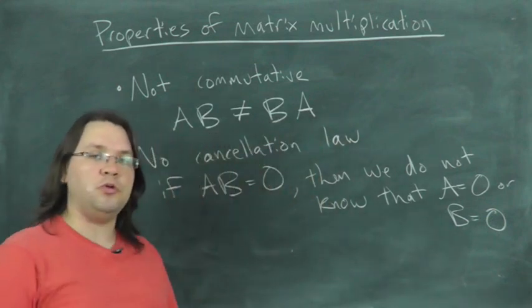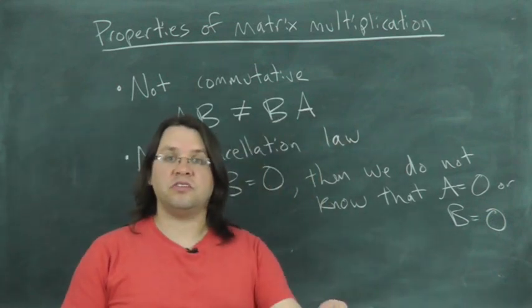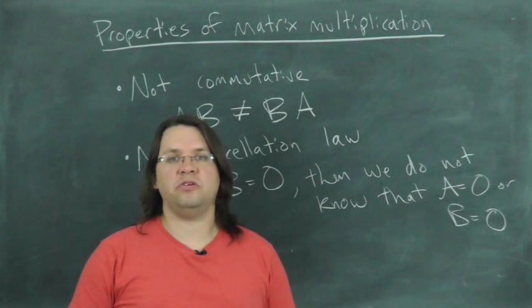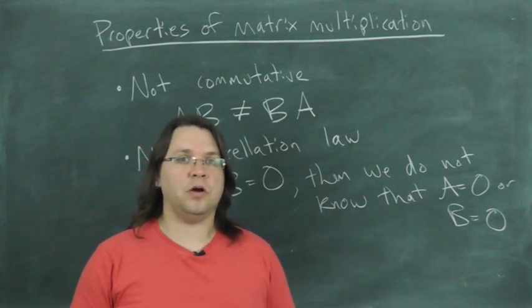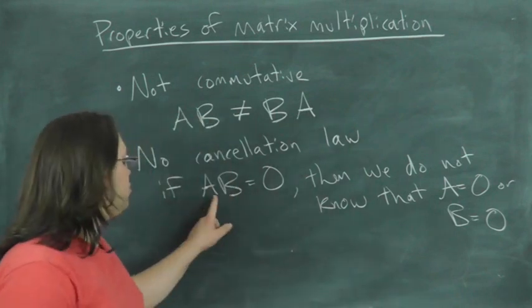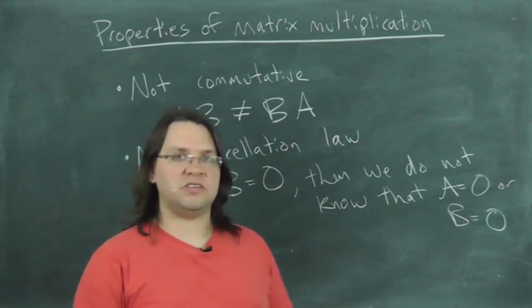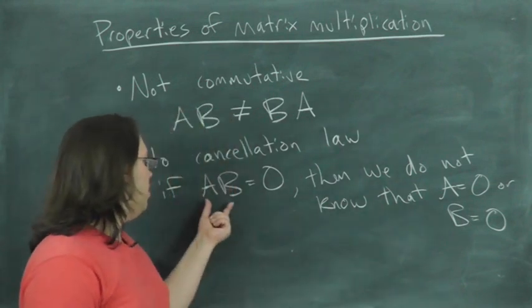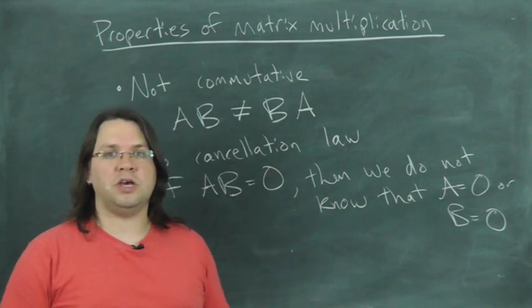If you multiply two numbers together and the answer is 0, you know that one of the two numbers you started with had to have been 0. But in fact, you can find two matrices, neither of which is the 0 matrix, such that when you multiply them together, you do get 0.